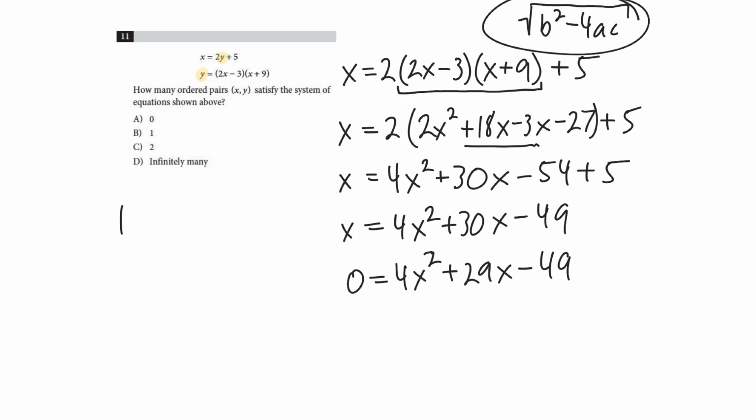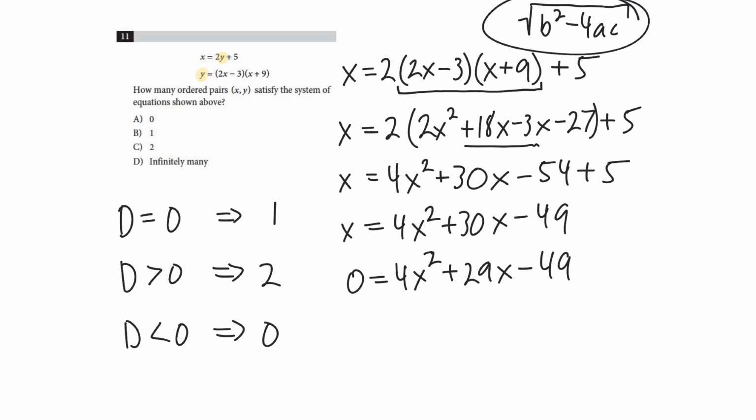if our discriminant is 0, then we have one solution. If our discriminant is greater than 0, then we're going to have two solutions. And if our discriminant is less than 0, we're going to have 0 real solutions.